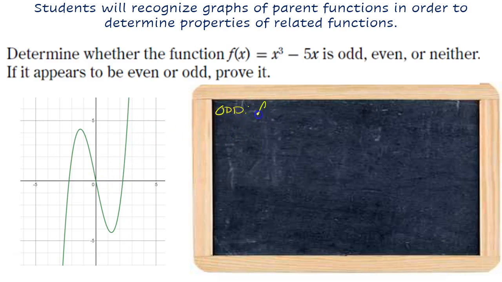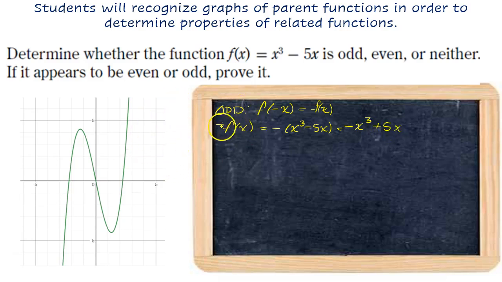Now remember my definition: odd means f of negative x equals the opposite of f of x. So I need to find what the opposite of f of x is. So I've got the opposite of the quantity x cubed minus 5x. So I distribute that, and I have negative x cubed plus 5x.